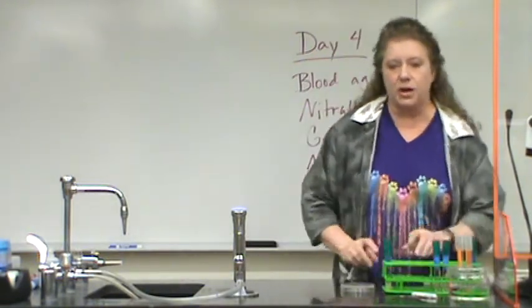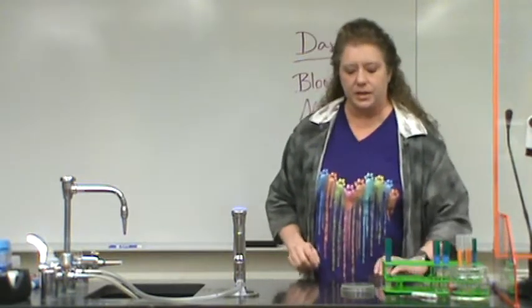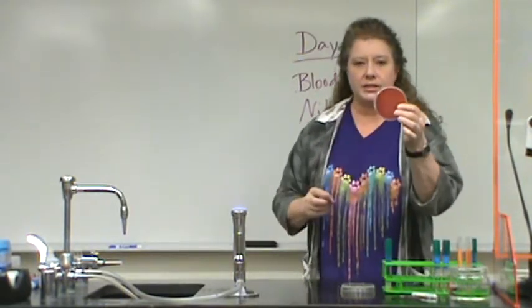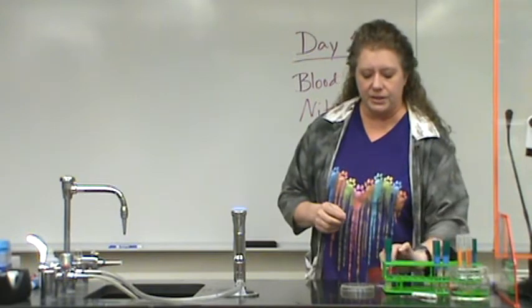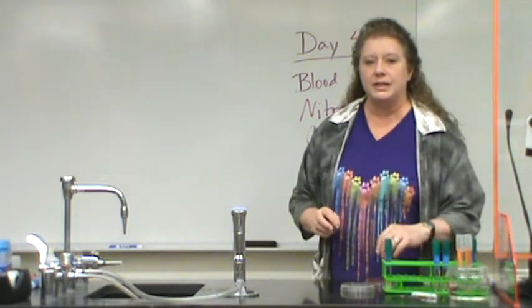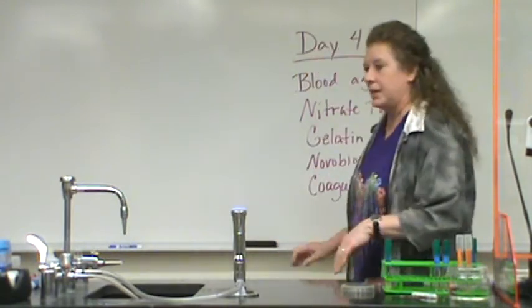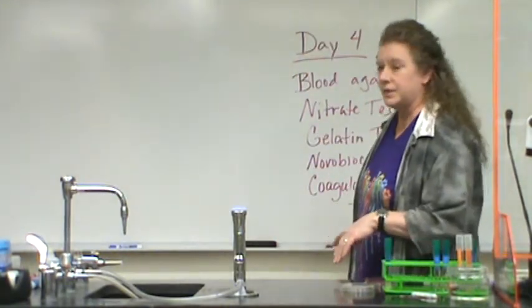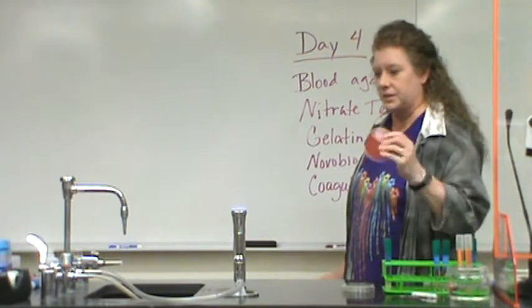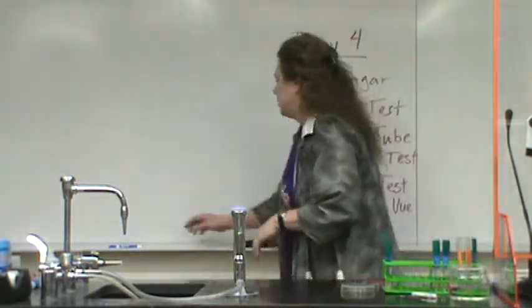First of all, it has you inoculate a blood agar plate. A blood agar plate has sheep blood in it, and this is going to allow you to determine the hemolytic activity of the unknown bacteria, meaning whether it can break down blood cells. There's sheep blood in this blood agar, not human blood.